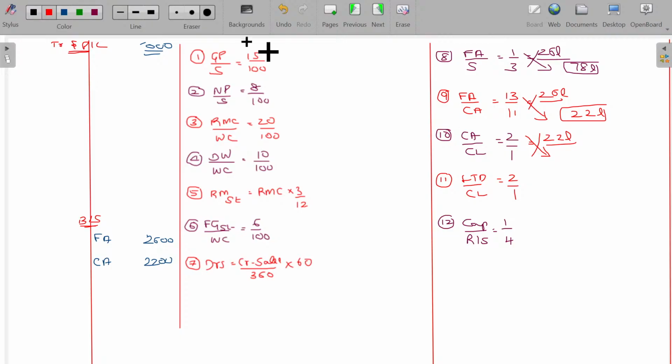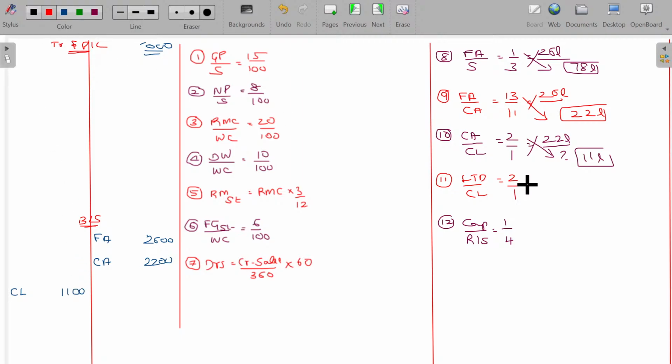Do the cross multiplication. Current liability 11 lakhs, 1100.